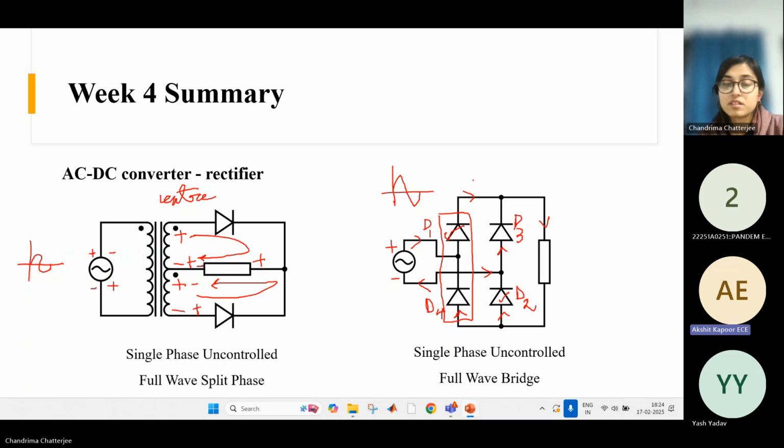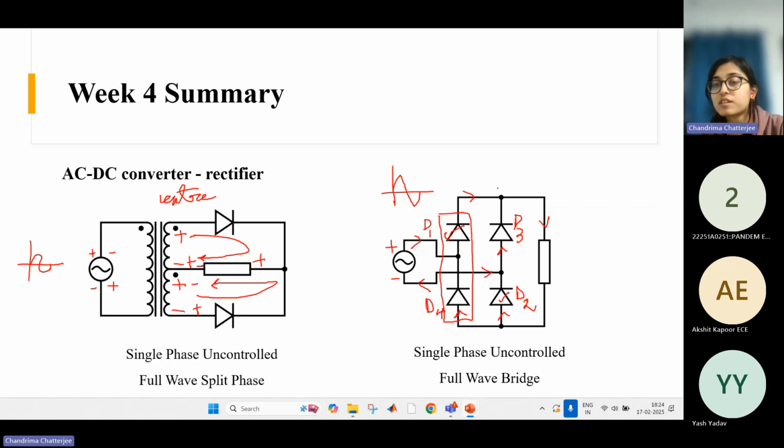Excuse me, ma'am. What is the role of load in the circuit? So what is the basic requirement of an electrical circuit?